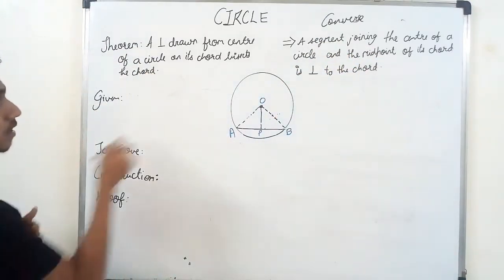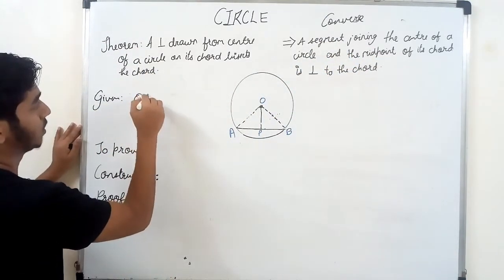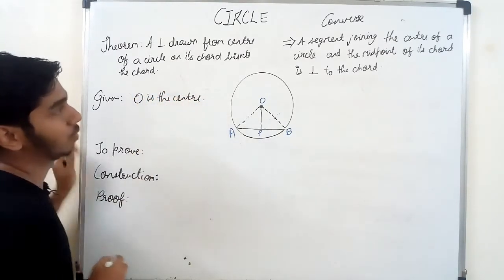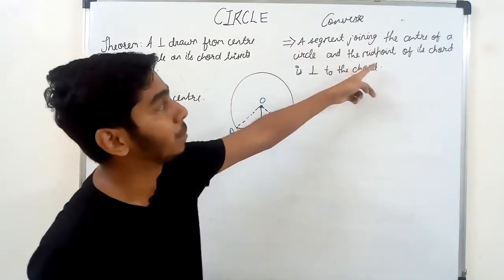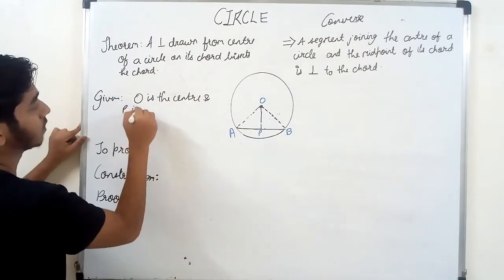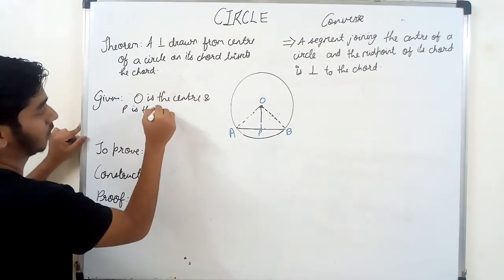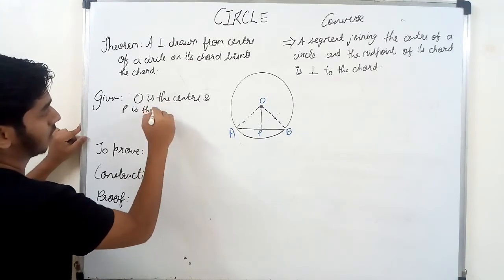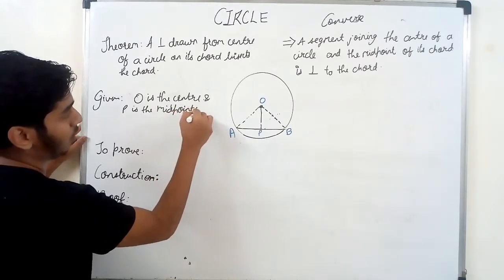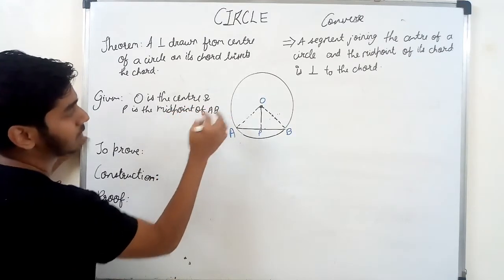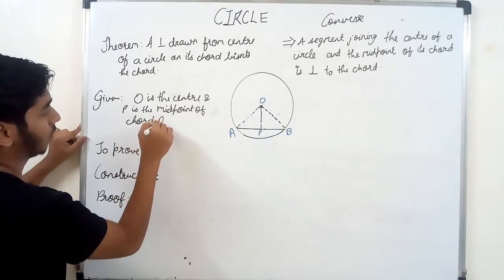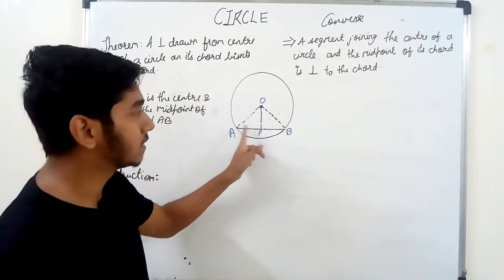Let's say O is the center of the circle, and P is the midpoint of chord AB.